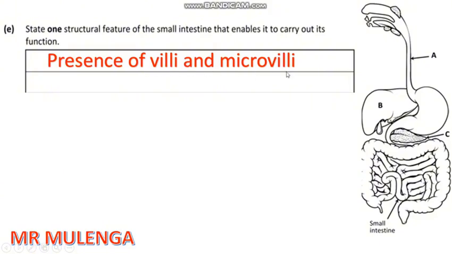So the villi and the microvilli are tiny finger-like projections that increase the surface area of the small intestine, making the small intestine very efficient when it comes to the absorption of what? Of nutrients. So that is one feature that makes the small intestine able to carry out its functions.